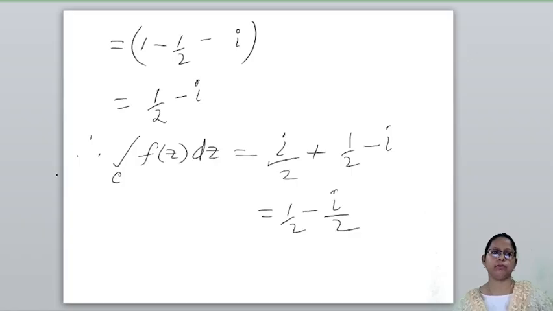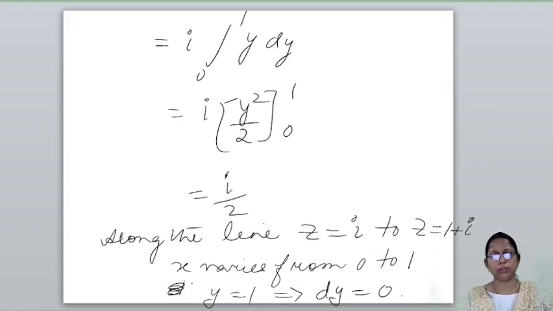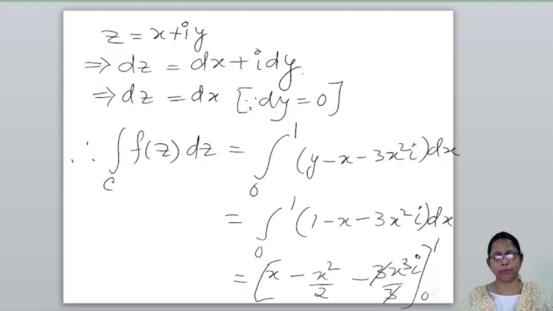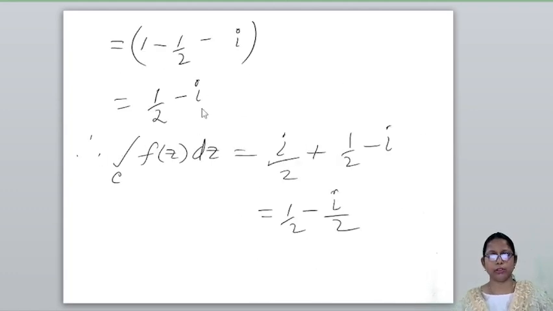Therefore, the integral will be I1 plus I2.